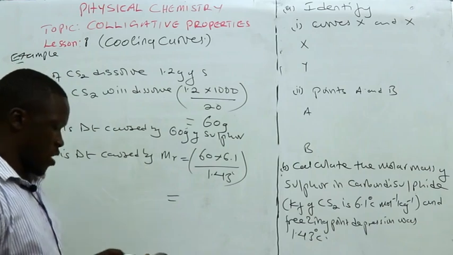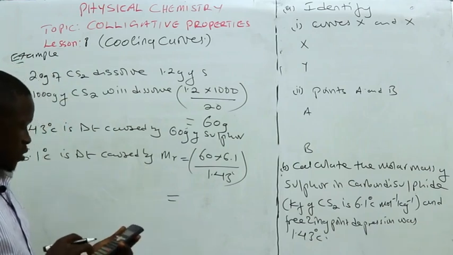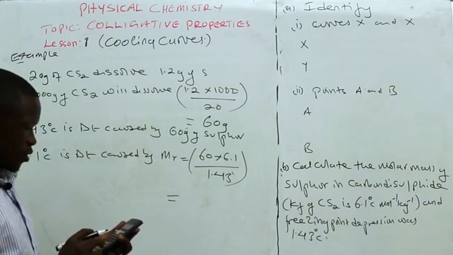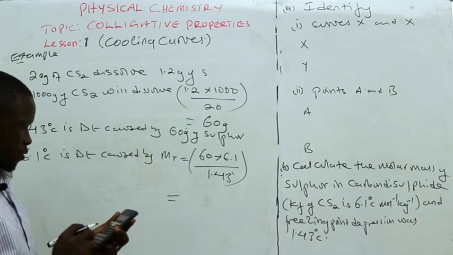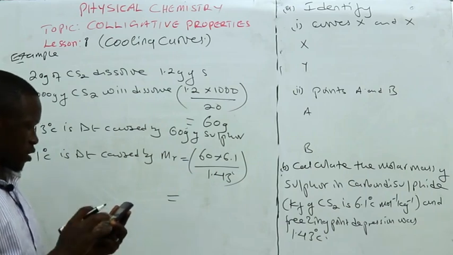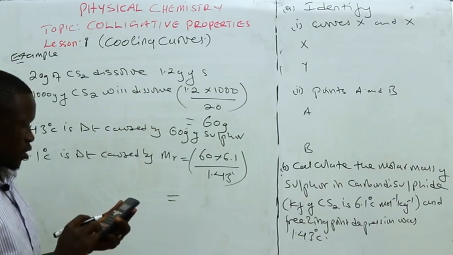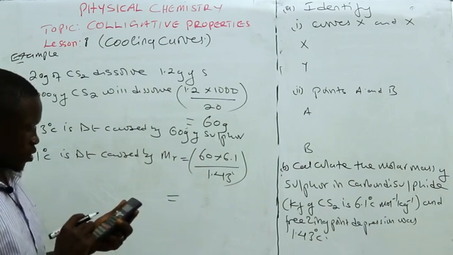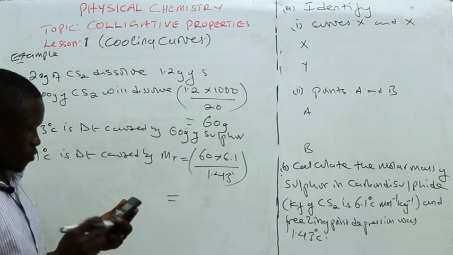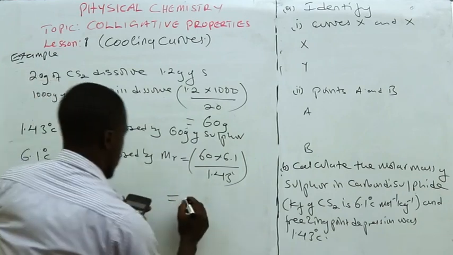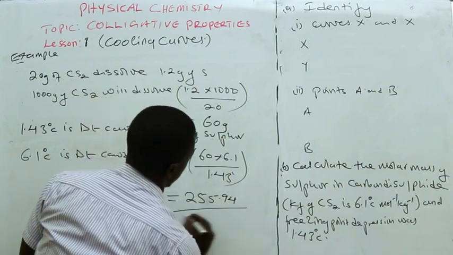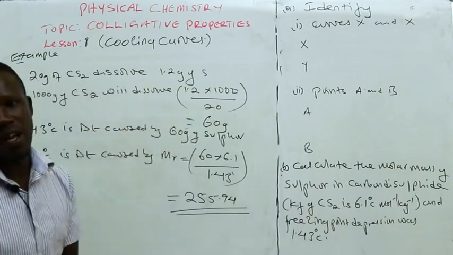So the molecular mass equals 60 times 6.1 divided by 1.43, and we have 255.94, and this is our relative molecular mass.